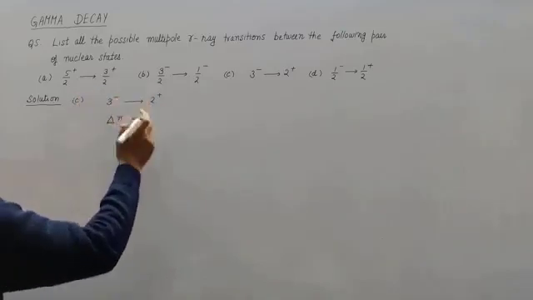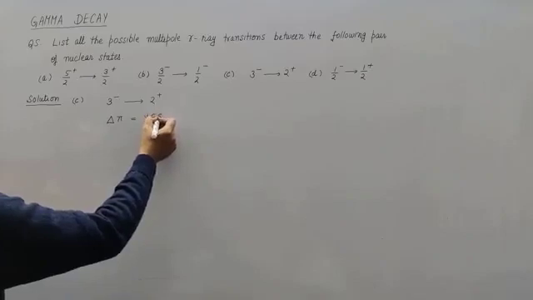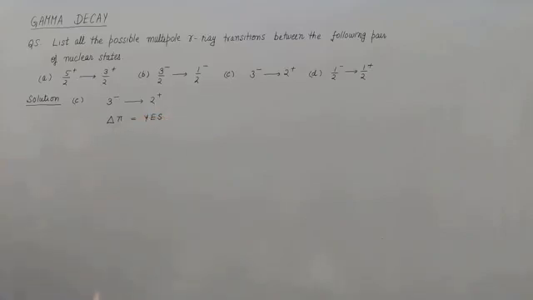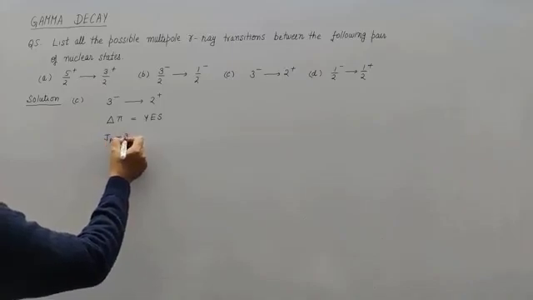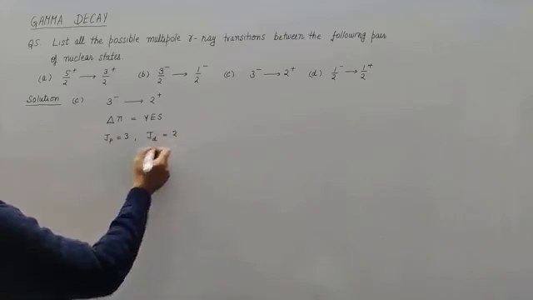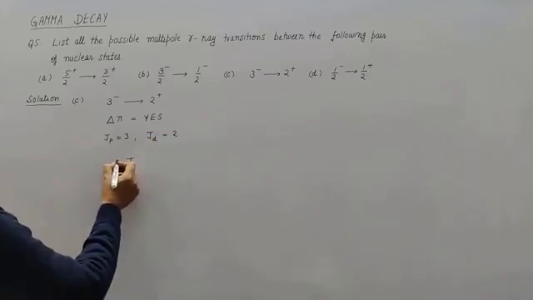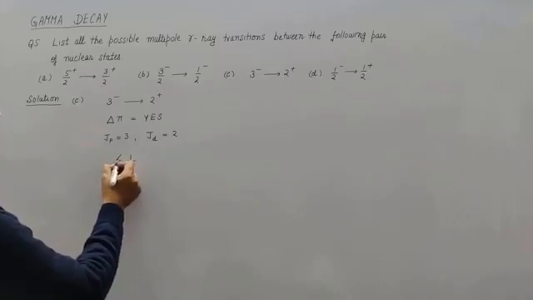In earlier two examples, parity was not changing, but here parity is changing. What is Jp? It is 3. What is Jd? This is 2. So what are the possible values of L?